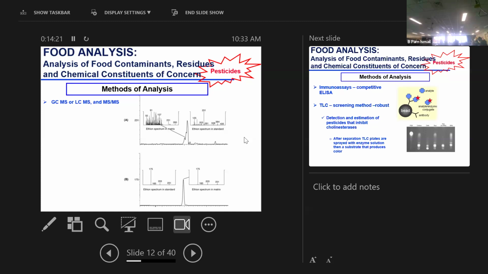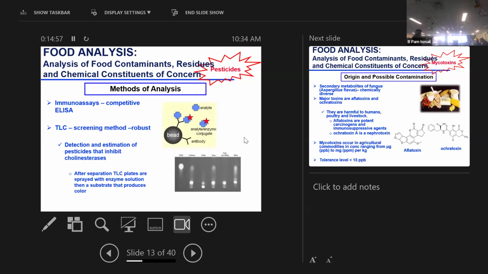But there are a lot of other things in your sample that make it hard to distinguish. So we can do an MS, take this 231 and blast it to fragment it more, and then you get a really nice clean spectra compared to the standard. And then you can confirm the presence more clearly than a very crowded single mass spec spectra. So tandem MS is usually to give you a cleaner, more confident spectra compared to a standard.